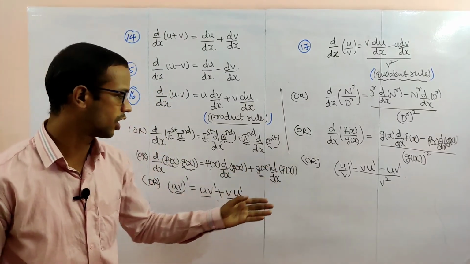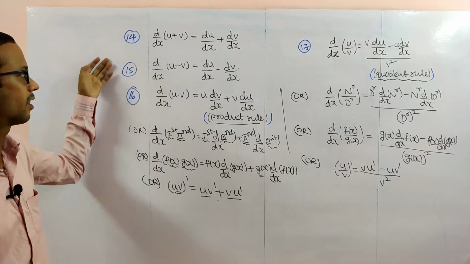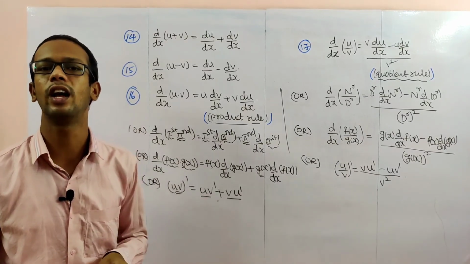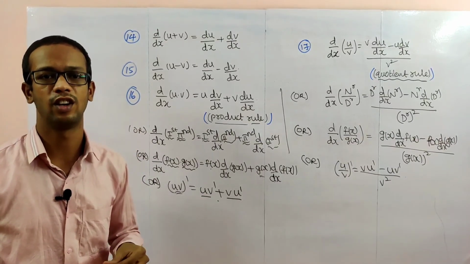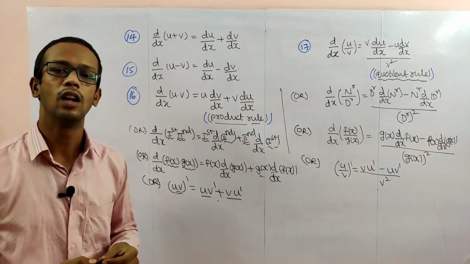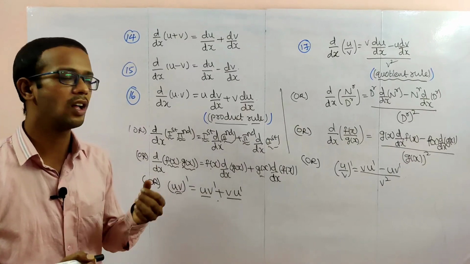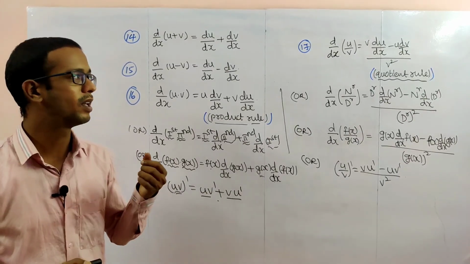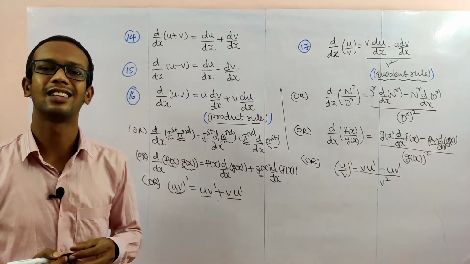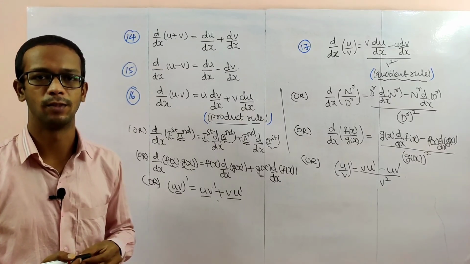So this is the quotient rule, this is the product rule, and these are addition and subtraction. This is called the algebra of derivatives. So with this, today's class is completed. In the next class, based upon these formulas, we will see the exercise problems. Thank you.